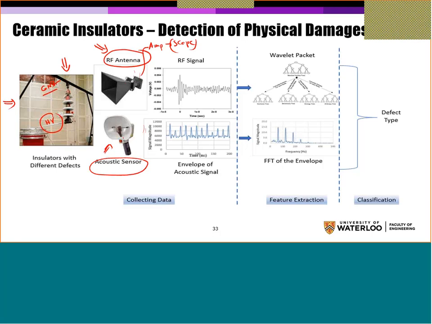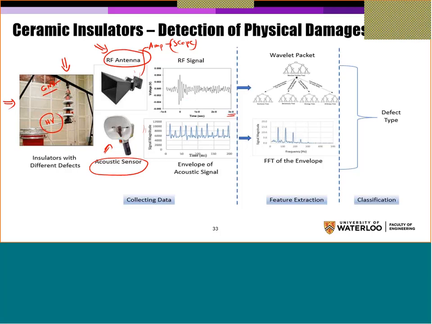Now, let's move to the second point, which is the data itself. This is a typical RF signal measured from the oscilloscope, and this is the time. It is in nanoseconds, so it is a very high frequency. On the other hand, the acoustic sensor does something very interesting.